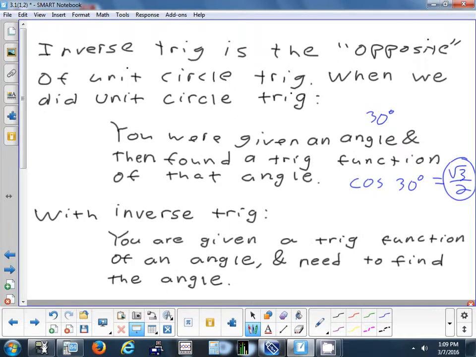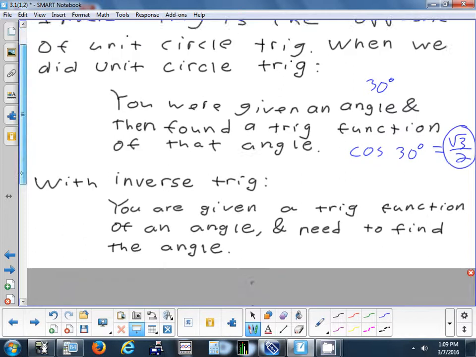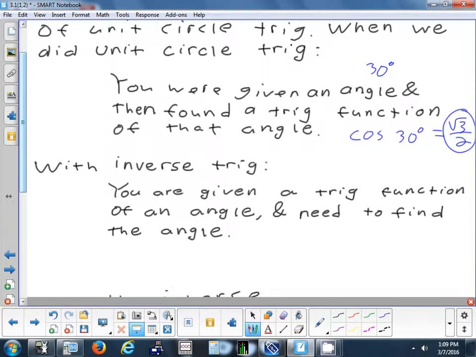Okay, with inverse trig, now we're reversing it. I'm going to give you the root 3 over 2. Okay, and I'm going to ask you what the inverse cosine of root 3 over 2 is. And the answer that you get, or what you need to find, is the angle. So this week you're going to give me the angle. So based on what I just did, anyone think they can tell me inverse cosine of root 3 over 2? It's 30 degrees. Yeah.